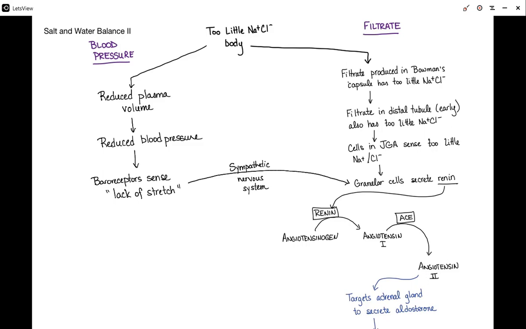And this is not going to be on the test in this detail, but you should know that one trigger for renin secretion is going to be from the juxtaglomerular feedback from the tubular cells, and then 2 different types of lack of stretch, one being from the baroreceptors in the carotid artery and the aortic arch, and then the other just being in the afferent arteriole and the kidney itself. But effectively, lack of stretch is going to be a trigger to secrete renin.